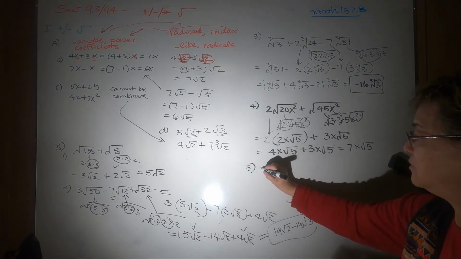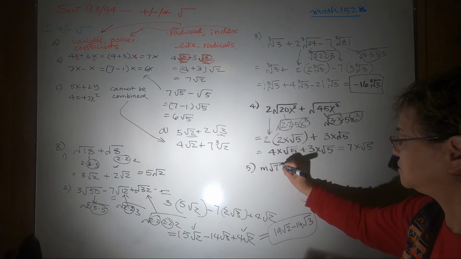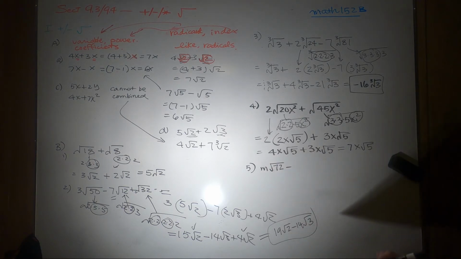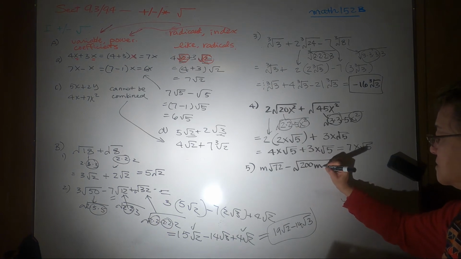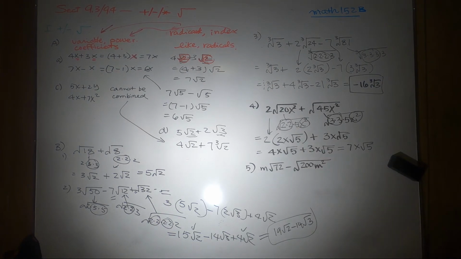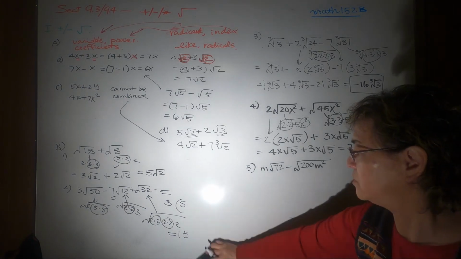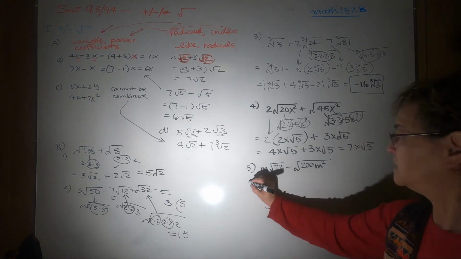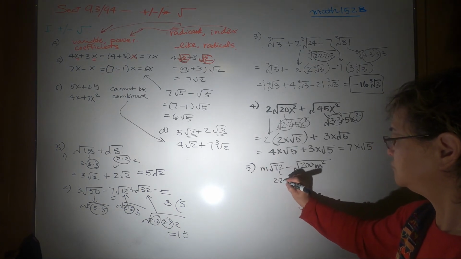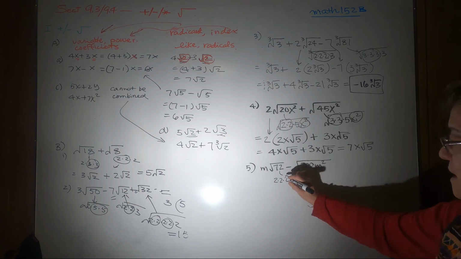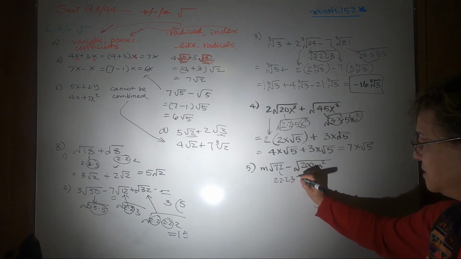Then, if we have m square root of 72 minus square root of 200m squared, we will do the same thing, okay? So, what do we have is, break down this, 2, 2, 2, that's 8. 8 times 9, so that's 3, 3.